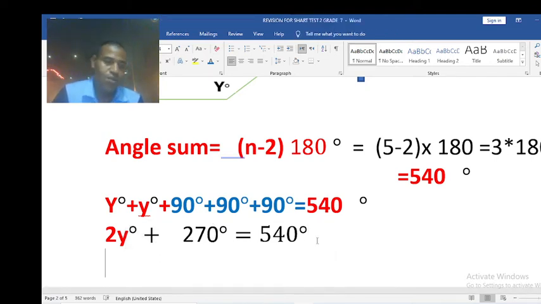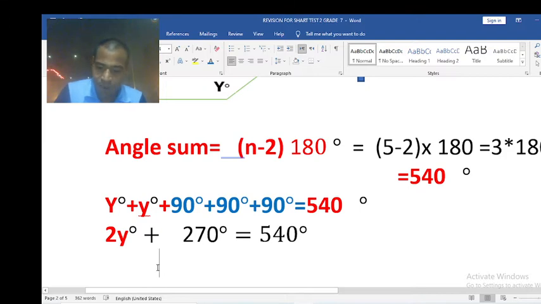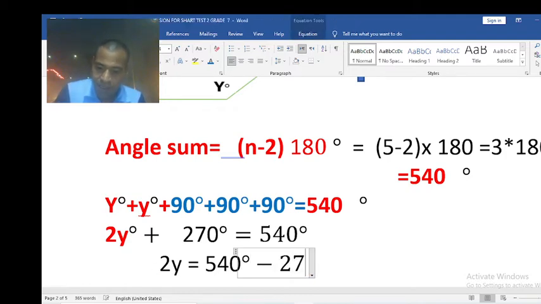Therefore 2y equals 540 minus 270 degrees. So this one will also equal 270.